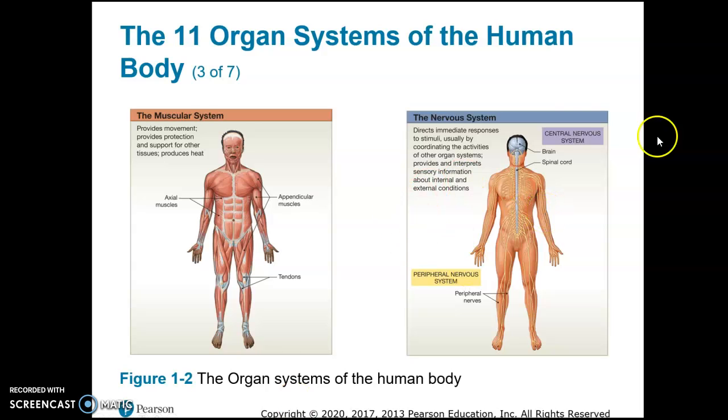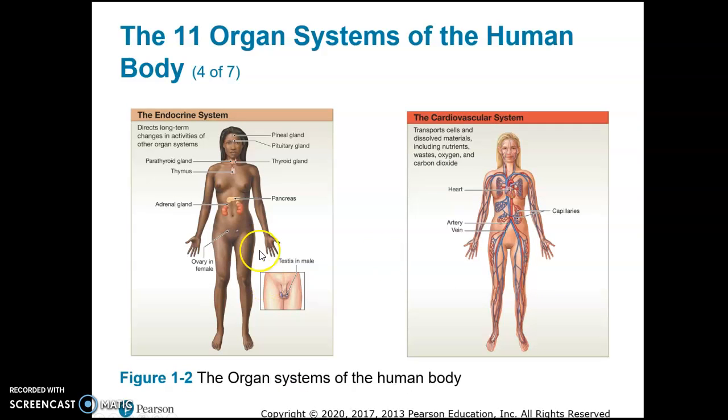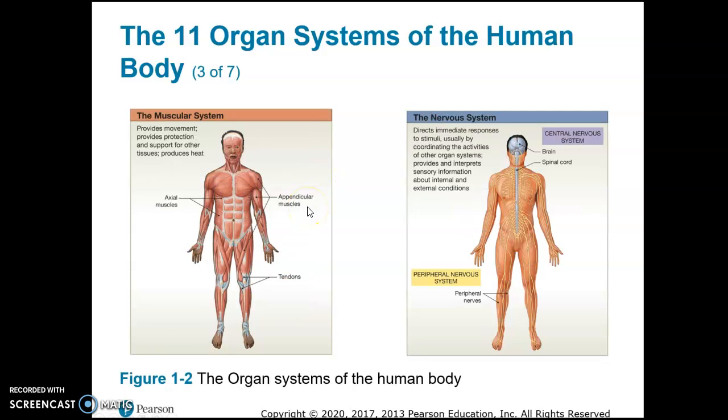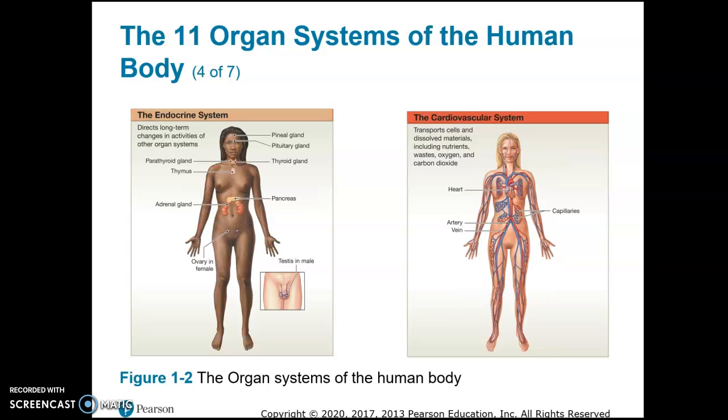So it's a control system, along with the endocrine system, which is a control system that acts mainly through hormones rather than electrical signals. So the nervous system controls the body with more fast-acting, shorter-acting signals that are electrical. And then the endocrine system controls the body with long-term changes through the action of hormones.